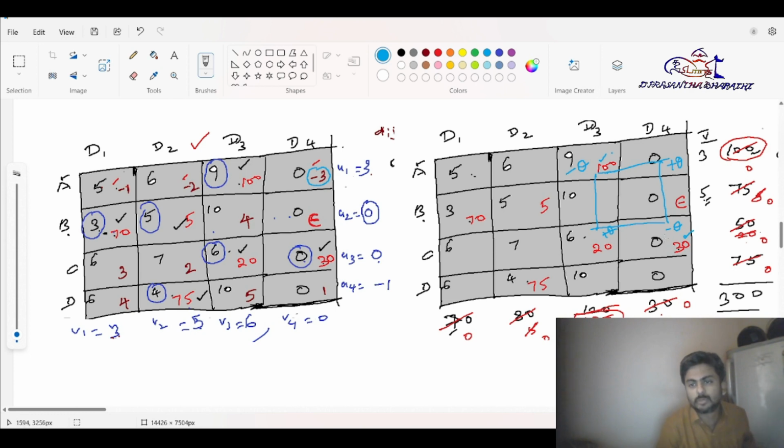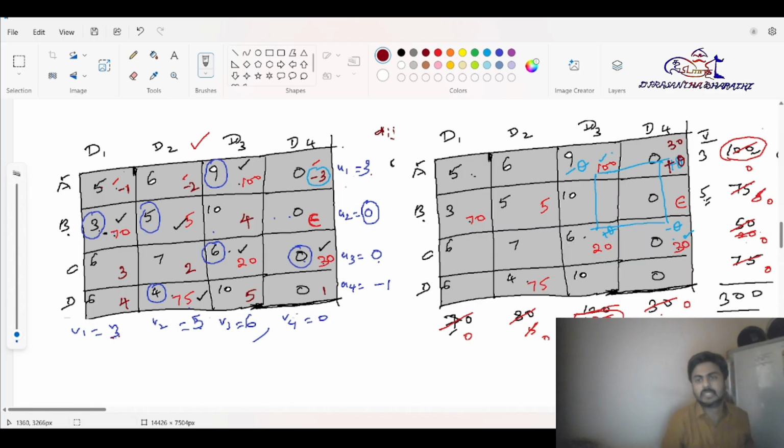So the minimum of these two values is 30. You have to write that value in the place of plus theta. In the place of plus theta, you have to write 30.